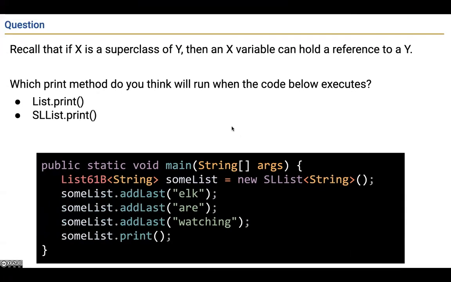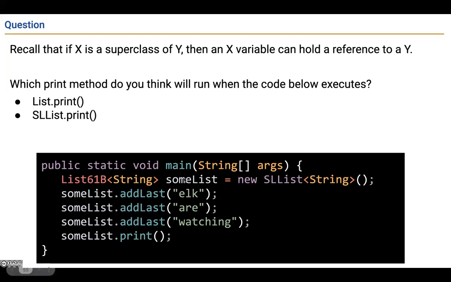OK, so I have one final topic to talk to you about, which is, if you looked at this, maybe you noticed something that was a little bit not obvious. I just kind of blazed through it to try and convince you. But let's take a look at it a bit closer. Let's look at this line right here, which says I declare there is a variable of some list called someList. It's of type List60omb. And I assign it not just to any list, but specifically an SList.